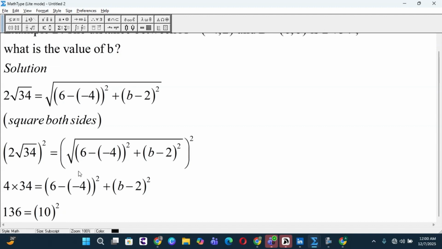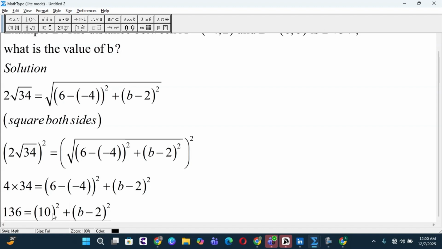Then on the other hand, I still have this. I want to expand this, but if I do, I'm going to get a quadratic equation. So let me wait before expanding this to see if I can find a way to simplify it.